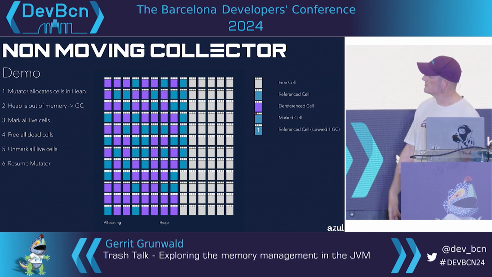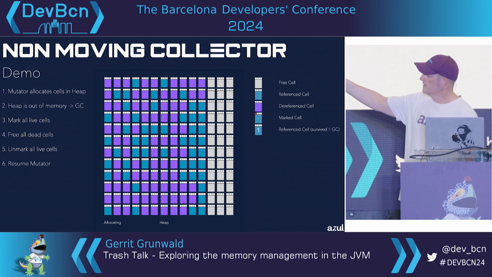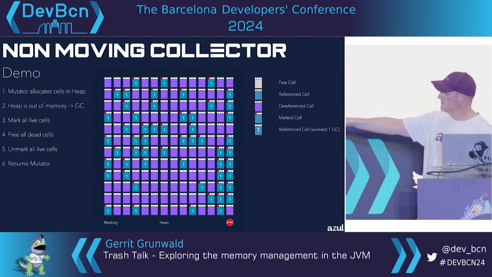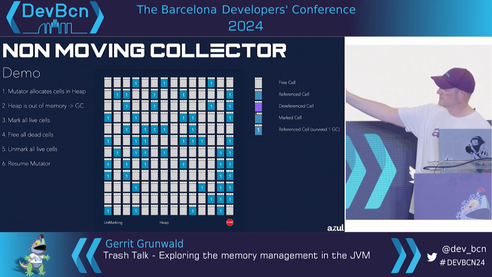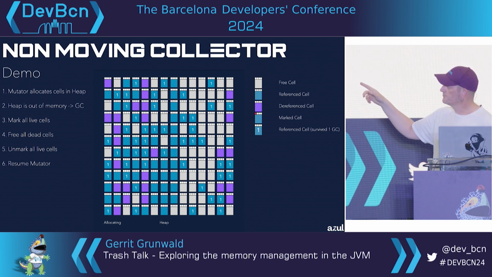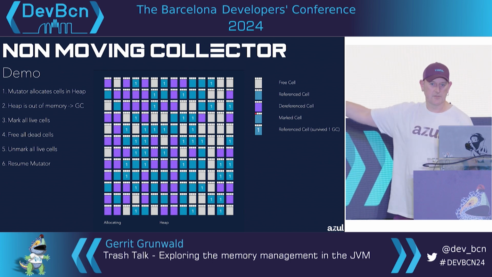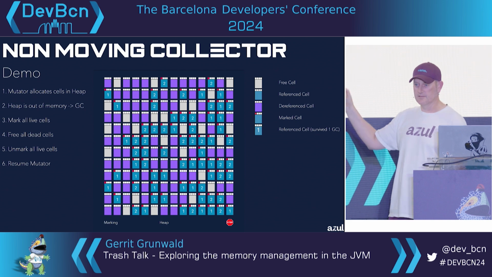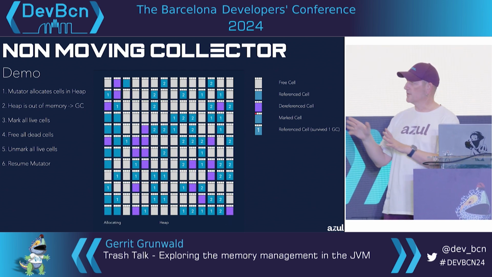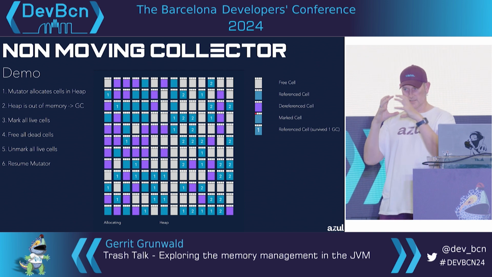It's the purple areas. And now we run out of heap. So we have to stop the world. And this happens now. We mark it, unmark, and then continue. And you see what happens here. This is the Windows 3.11 effect, right? It's fragmentation. So this is the very simple example where every object is just one cell.